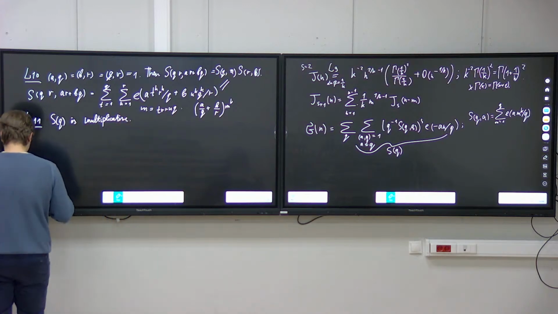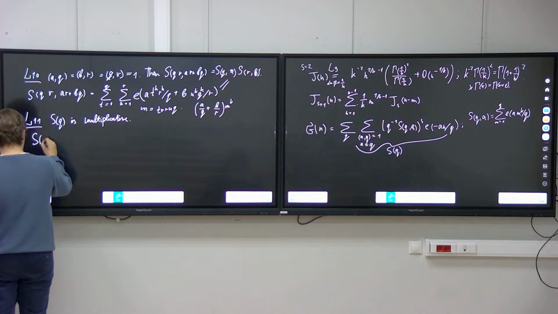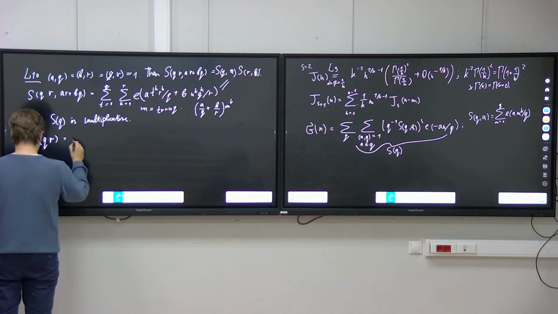Multiplicative. Because S_QR, let me write it in such a way, and you will see.